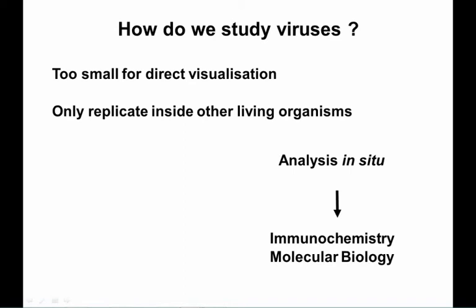So in that case, you need tools to specifically detect virus proteins and virus nucleic acids. Okay, so you will use immunochemistry, so antibodies can detect virus proteins specifically, and then different techniques in molecular biology to specifically detect viral nucleic acids.